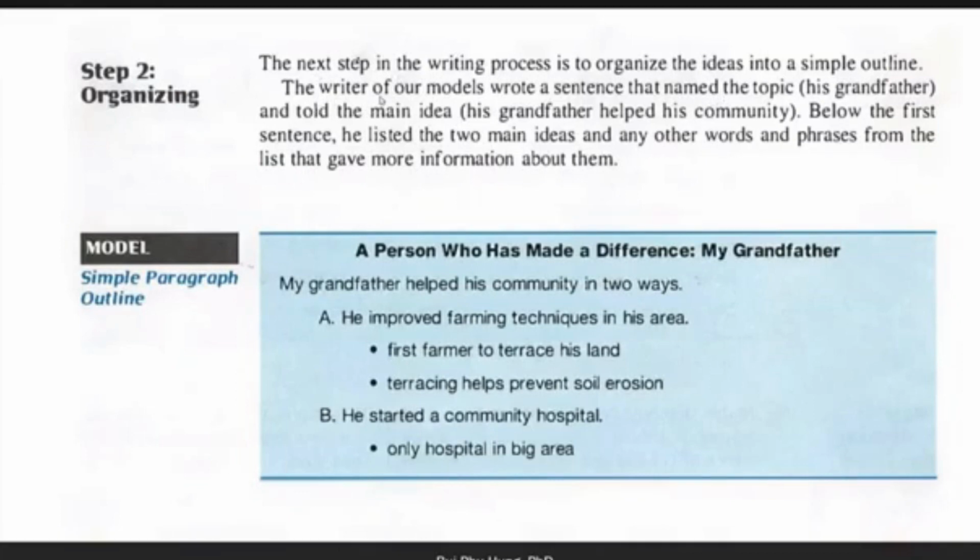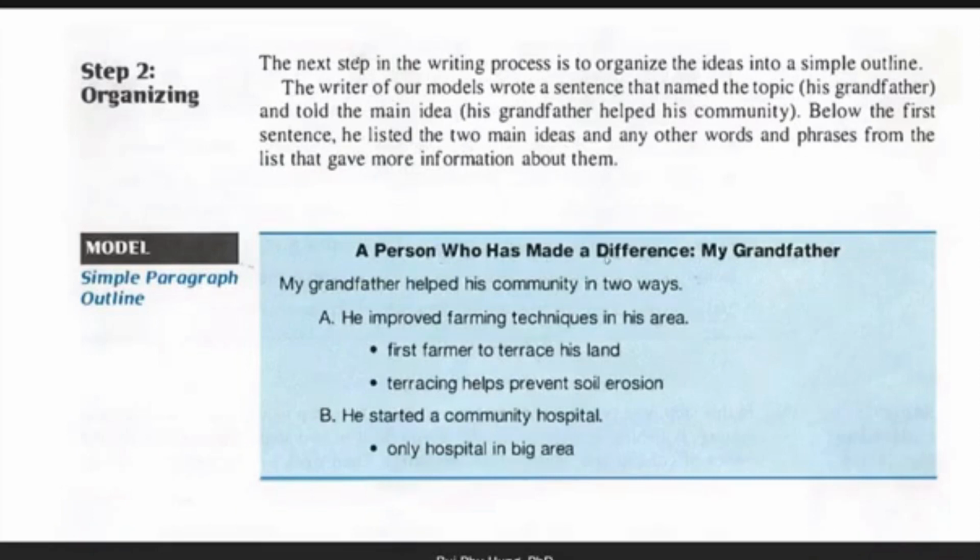The writer of our model wrote a sentence that named the topic, his grandfather, and told the main idea, his grandfather helped his community. Below the first sentence, he listed the two main ideas and the other words and phrases from the list that gave more information about them.